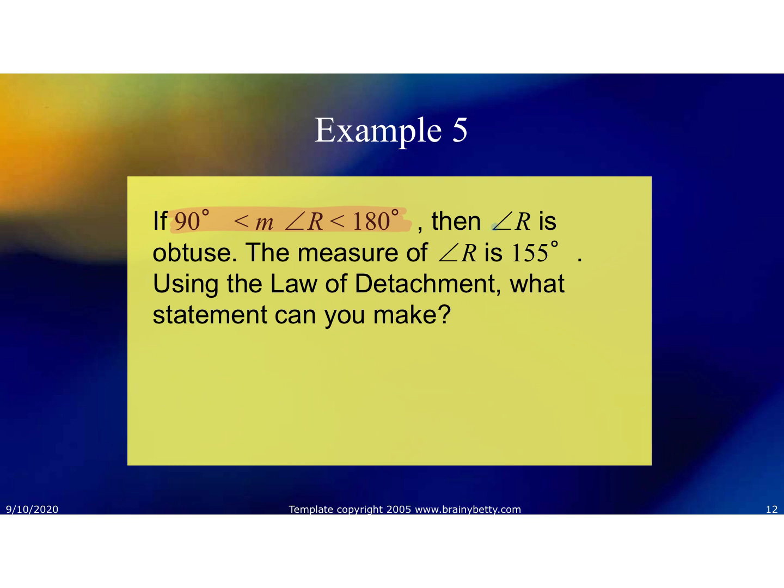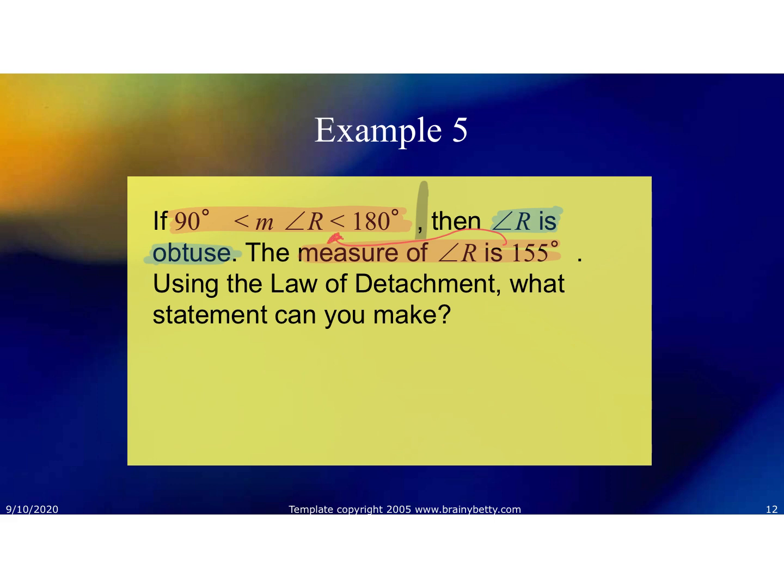And then my conclusion, angle R is obtuse. So again, detachment means I'm separating it. So I'm going to pull these two apart. So now they're telling me the measure of angle R is 155 degrees. This is giving me my information for my hypothesis.